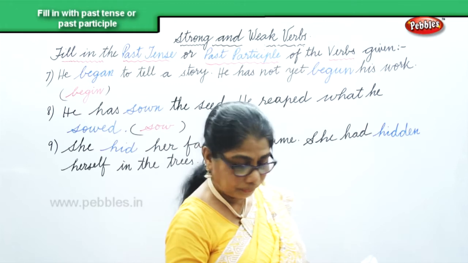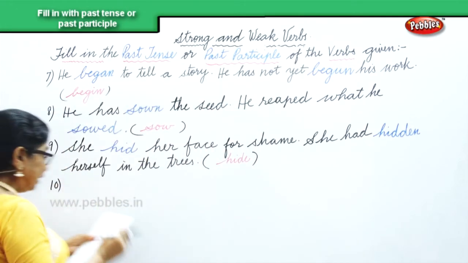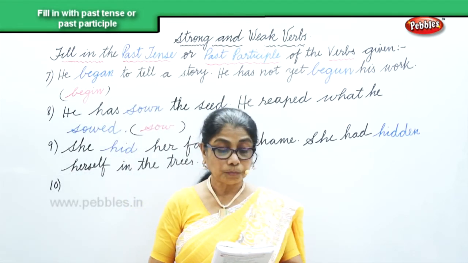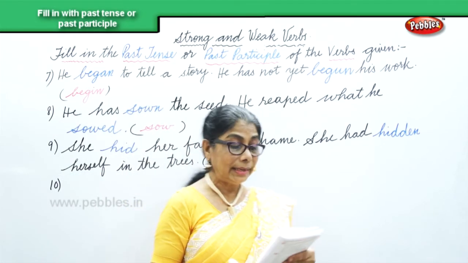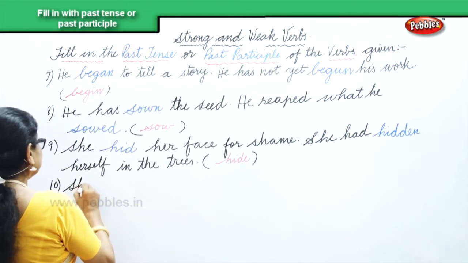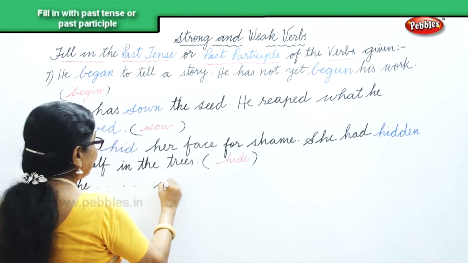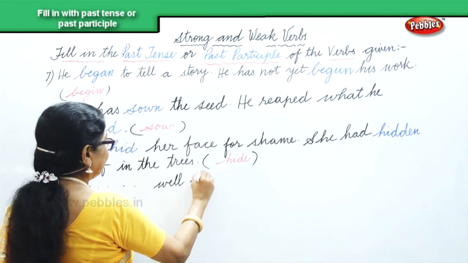Now, another sentence for us to look at. She dash well of me.